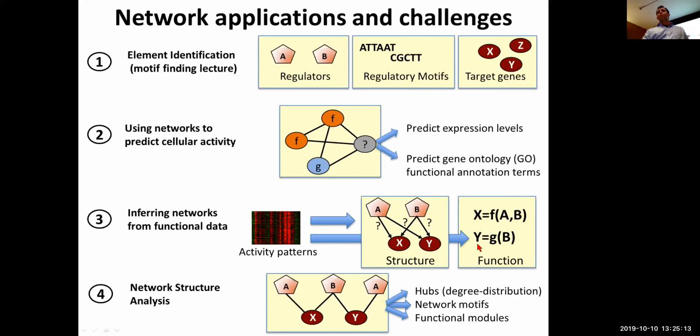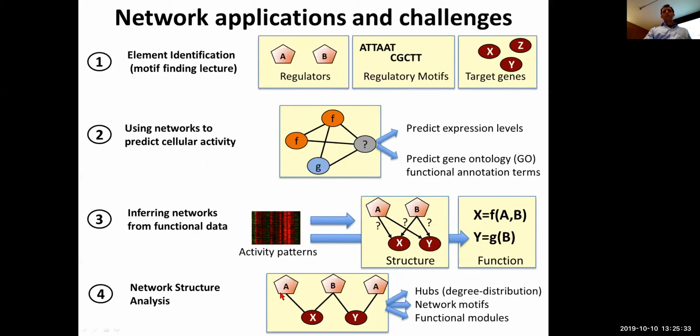Or you'd like to predict the specific function. So you may be able to say, well, this output variable is a function of an input variable, or a combination of these two other things. Okay? So there's a lot of challenges associated with both of these aspects, both predicting the structure of the network and also functional predictions from that.